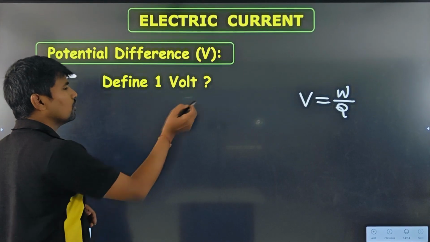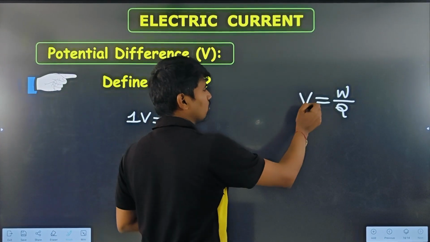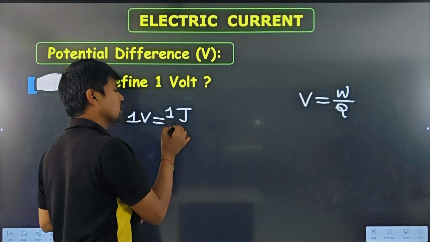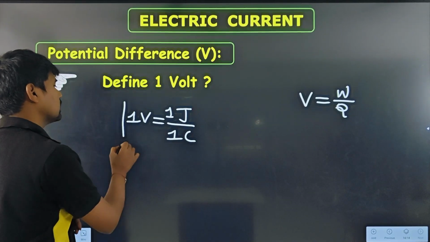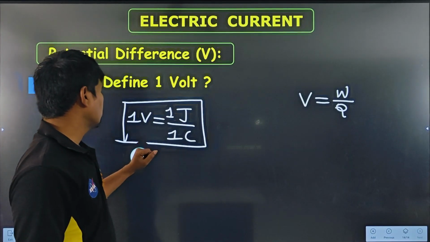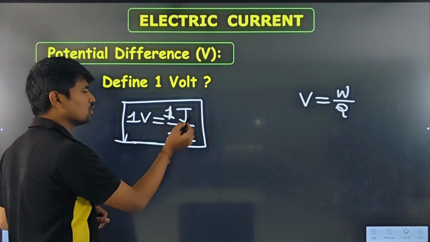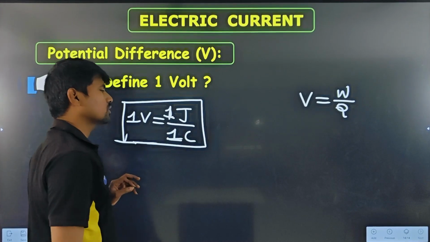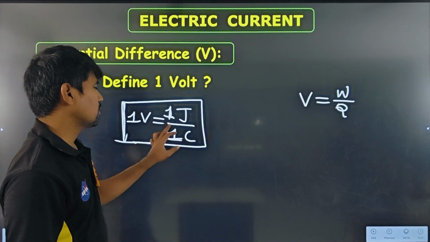Here V means volt, W is energy, the unit is joule, and Q is charge, the unit is coulomb. So 1 volt equals 1 joule by 1 coulomb. Based on this we can convert this expression into a statement. If 1 joule of work has been done on 1 coulomb of charge, then it is said to be 1 volt. So it is a ratio of 1 joule to 1 coulomb.